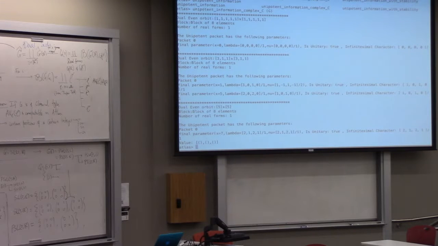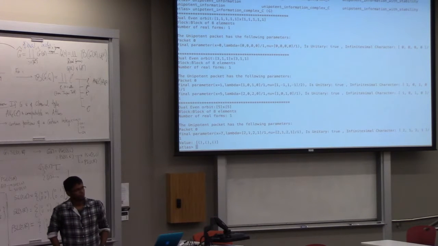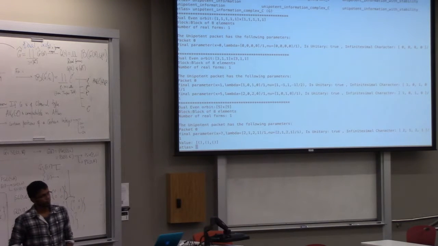Questions? So in the definition of those unipotent representations in the beginning, you're imposing conditions on the associated variety.